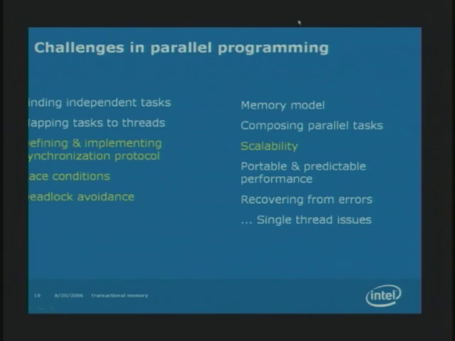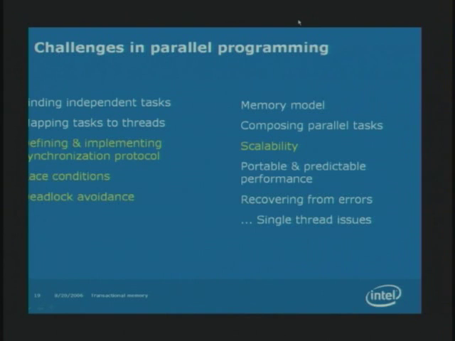So it helps with race conditions also. But it doesn't alleviate that problem altogether because you still have to be careful that all your accesses to shared state are properly wrapped inside of a transaction and that you have the granularity of the transaction correctly.